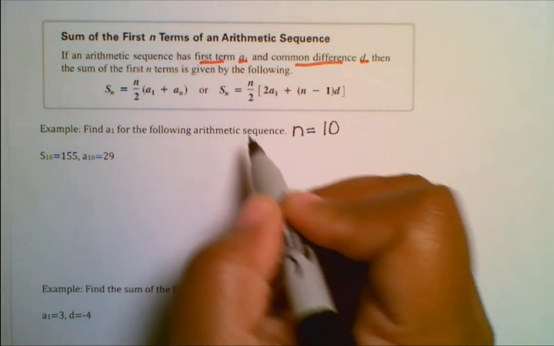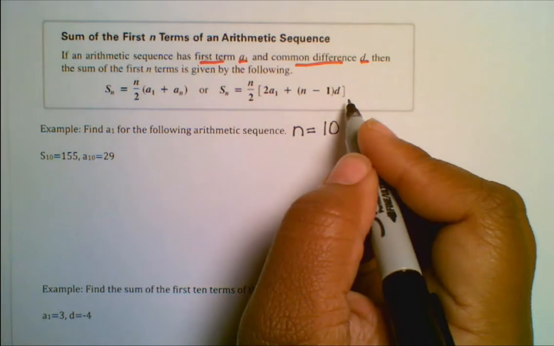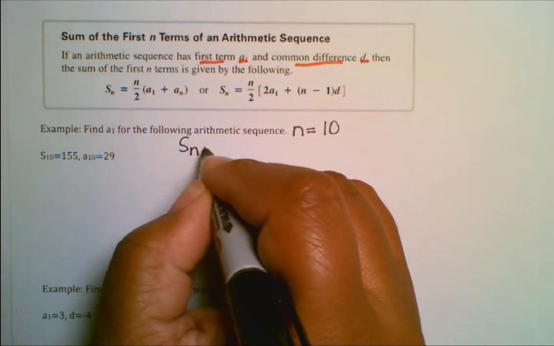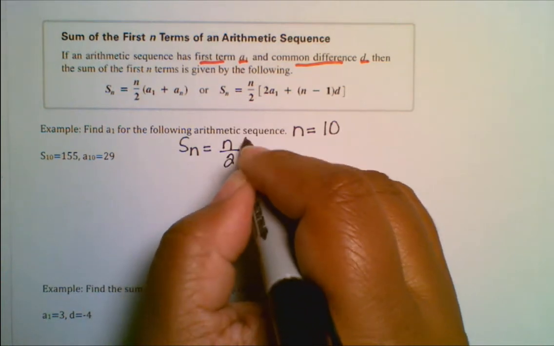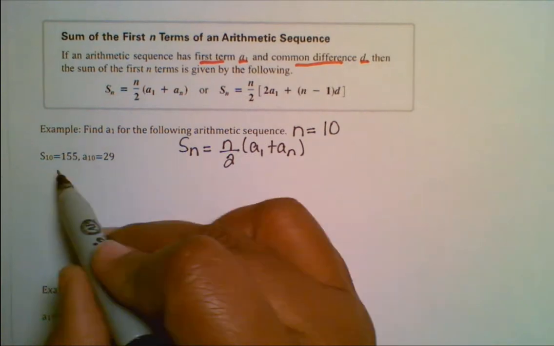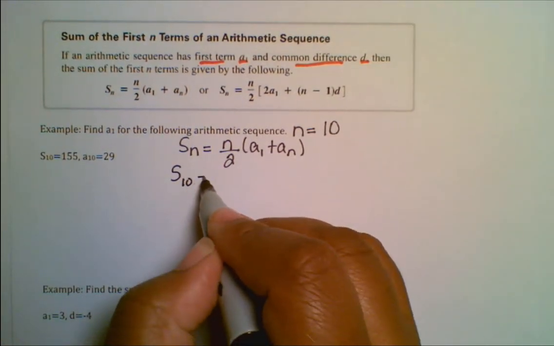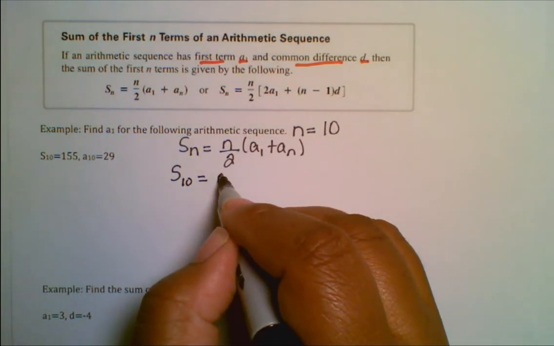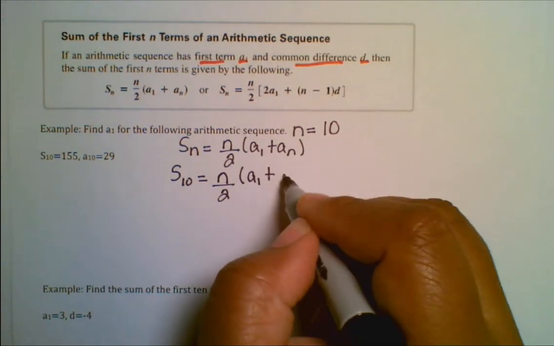So which formula would we use? What's not noted is the common difference, so we don't need to use this second formula. So we're using S sub n is equal to n over 2 times a sub 1 plus a sub n. So S sub n is our S sub 10, equals n over 2 times a sub 1 plus a sub 10.